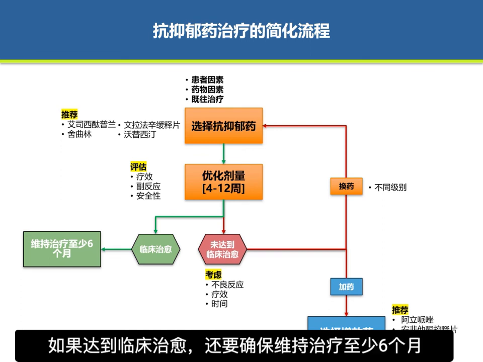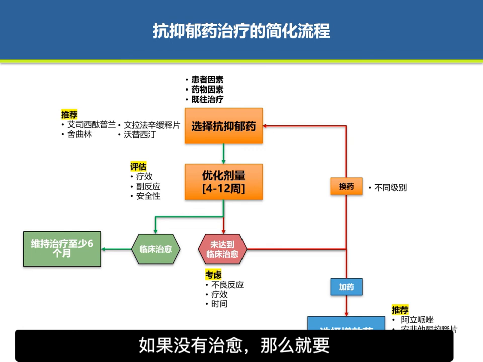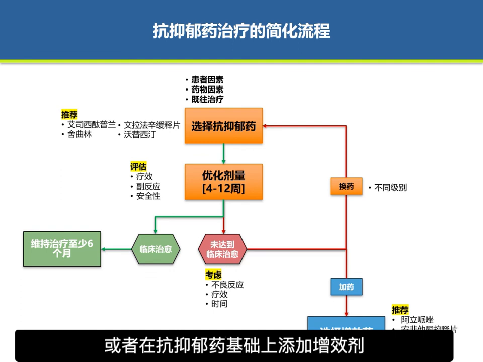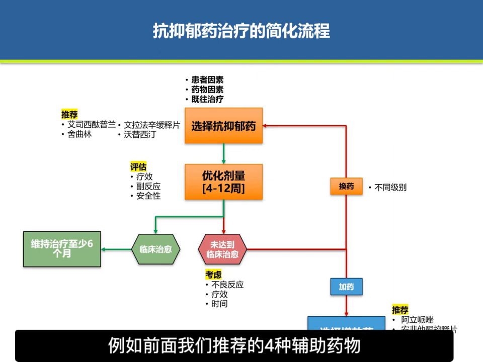If they do have a remission, ensuring that they have adequate maintenance treatment on the antidepressant for at least 6 months. And then if they're not in remission, going on to looking at whether you should switch the antidepressant to a different one, or instead add on a medication, an adjunctive treatment like the 4 recommended adjunctive medications.